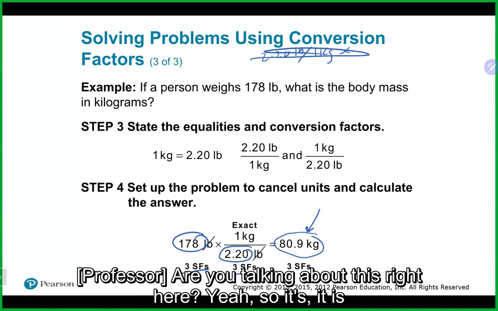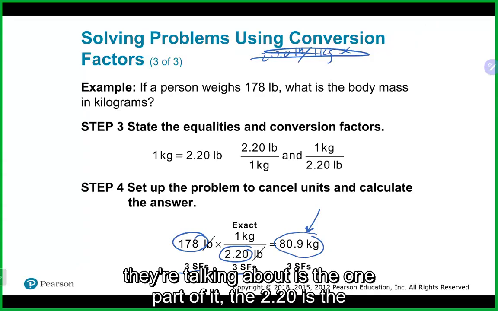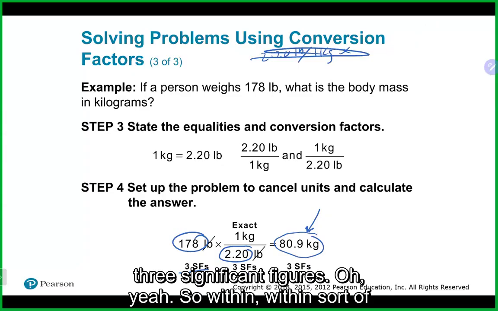Are you talking about this right here? Yes, it is exact, and significant figures. The exact part they're talking about is the 1 part of it. The 2.20 is the 3 significant figures.